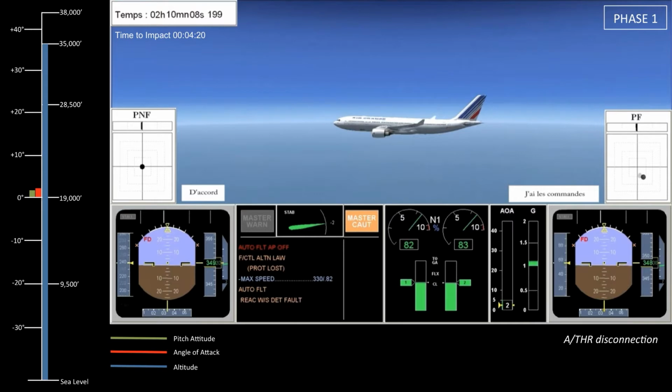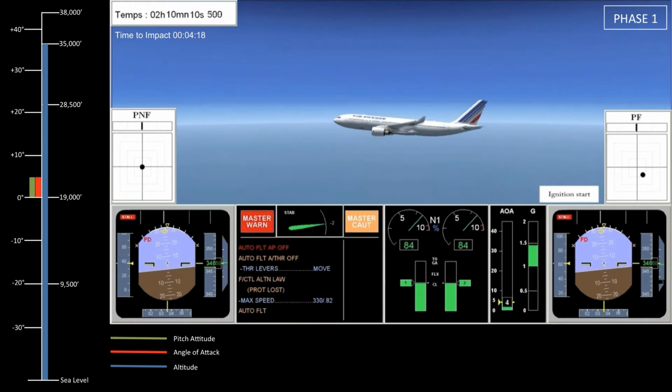This, through an unfortunate coincidence, was somewhat less than the normal cruise setting, as Bonan had just prior to the disconnection instructed the autothrust to slow the aircraft due to the turbulence they were experiencing at the time. 2 seconds later, at 0210 and 10 seconds, the pitch attitude, due to inputs on the right-hand side stick, rose from a value of 0 degrees to 6 degrees as the vertical speed increased to 1,800 feet per minute and the aircraft began to climb.